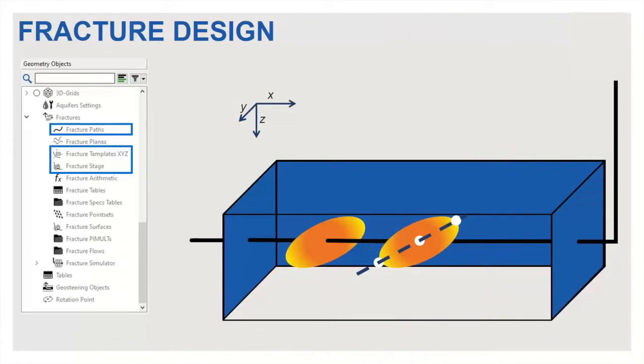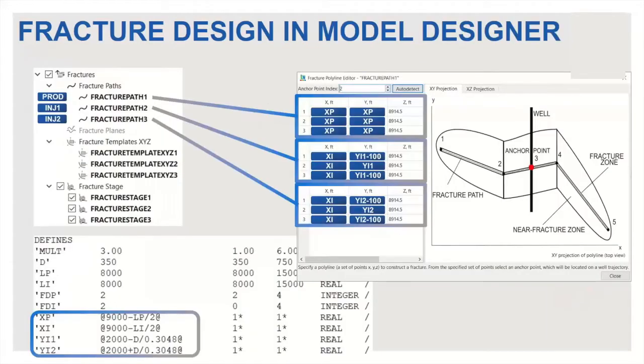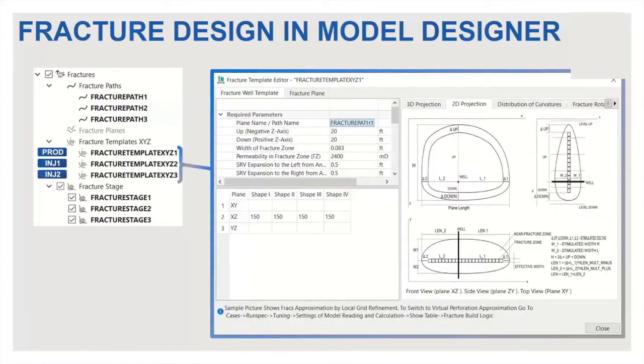So the way fracture design is implemented in tNavigator is you get to define your fracture path, which is the azimuth of your fracture, and the way it's done in our implementation is that the landing point is calculated and used to define where the first fracture is. Next, you have to define the fracture template, which is the geometry of your fracture plane.